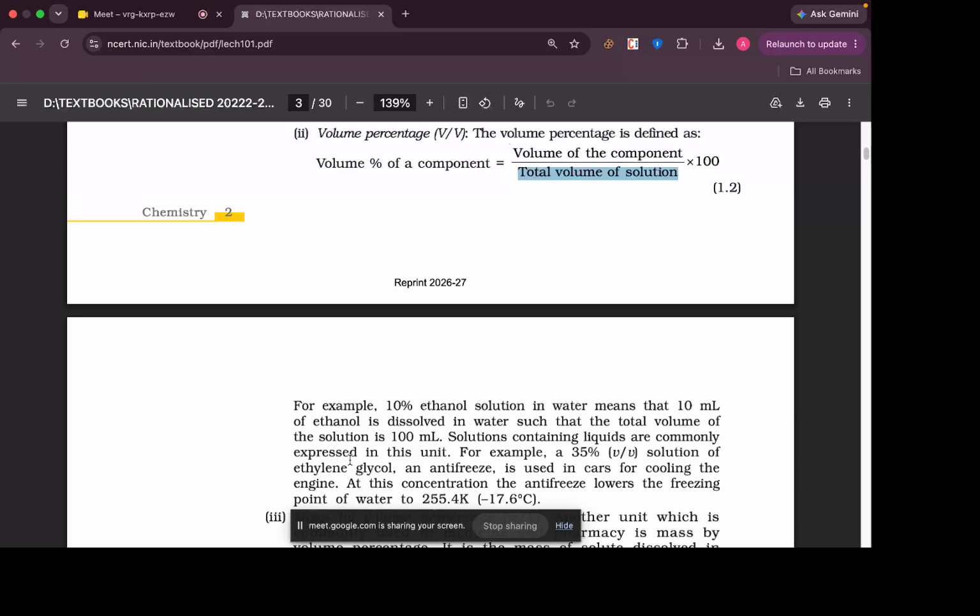But if they are telling you to express in ml, then try to use ml. Let's say 1 liter here, 10 liter here. So write 1000 ml and 10,000 ml and then do into 100. Things will be the same. Until and unless you are using the same unit above and below, you are done.